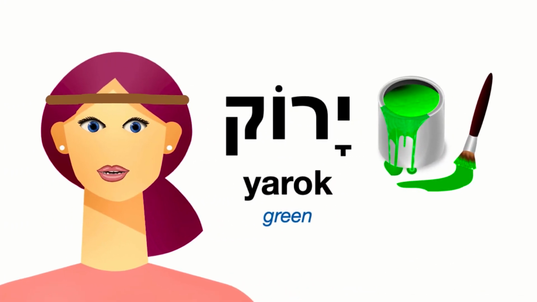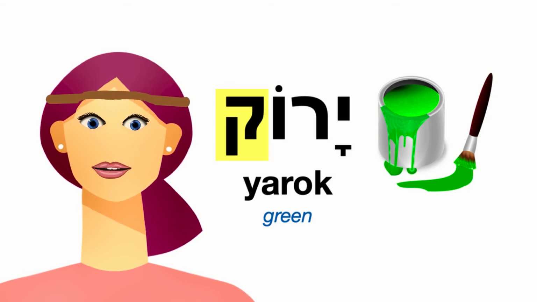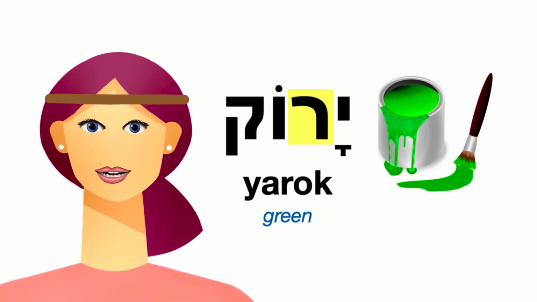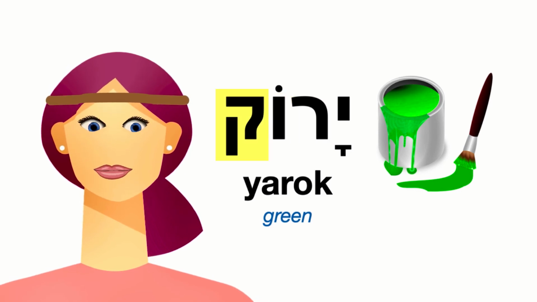And now, let's see a word which contains the letter kuf. ירוק is the Hebrew word for the color green. We write it with a yod, a resh, a vav, and a kuf.